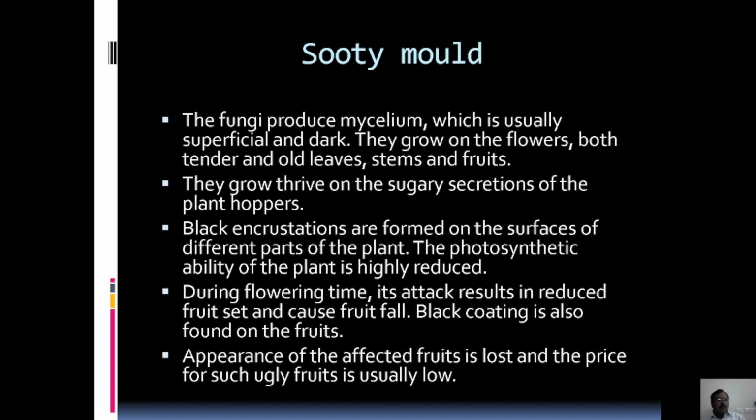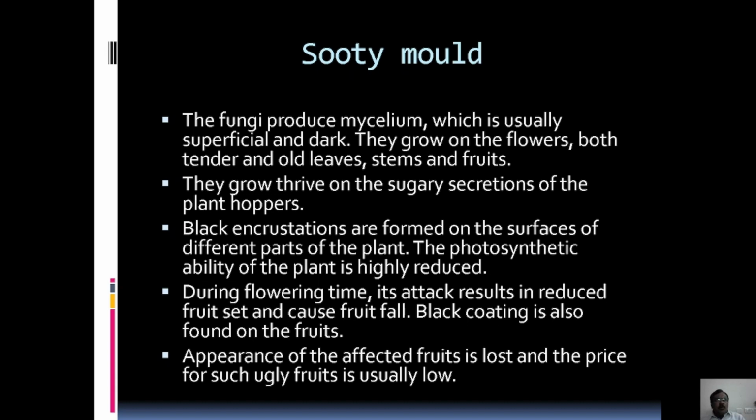And then sooty mold. Sooty mold is a formation of black incrustation over the surface of the leaf. This fungus produces mycelium which is superficial and dark in color. Even it grows on the flowers and the tender parts, stem, even on the fruits.